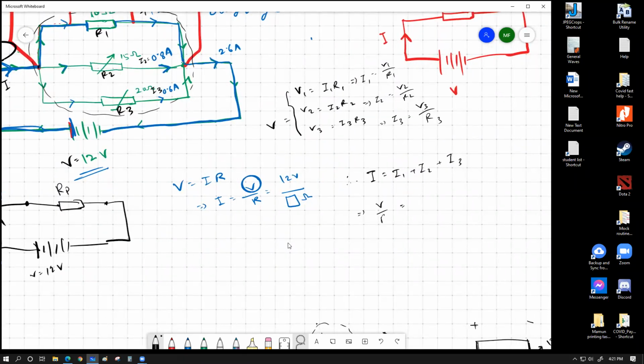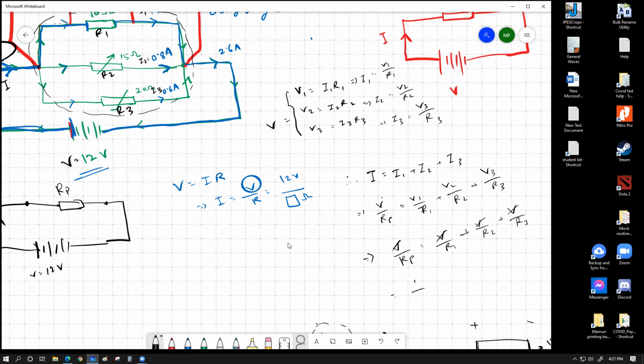So here if I now replace slowly, I can replace this I as V divided by RP, and this I as V1 by R1 plus V2 by R2 plus V3 by R3. But interestingly, V1, V2, V3 are all the same, which means I can divide both sides by V. Just to help you understand the math a bit better, I'm going to replace all of them by V, and we can cut off V on both sides.